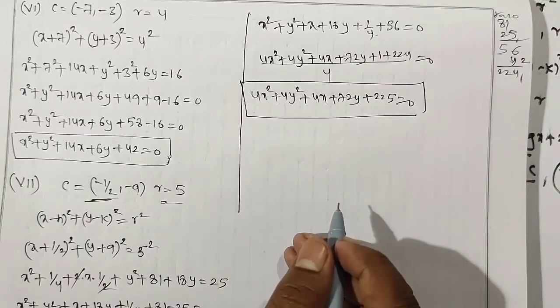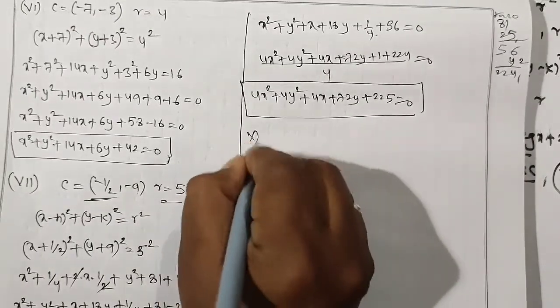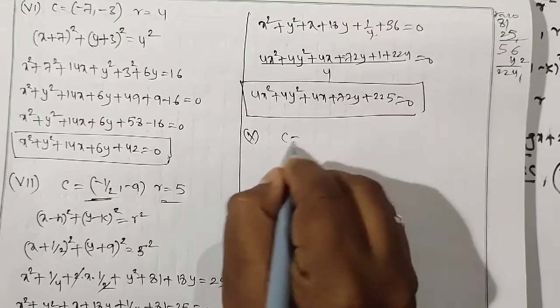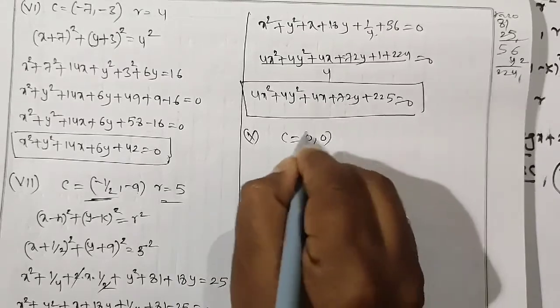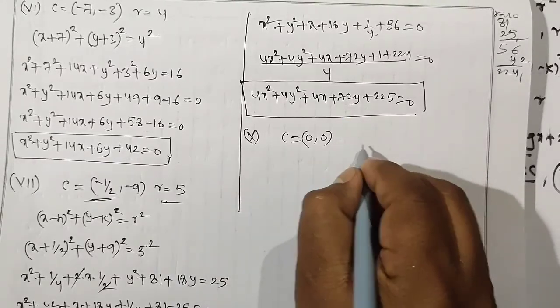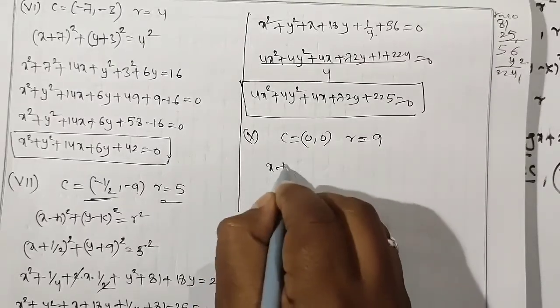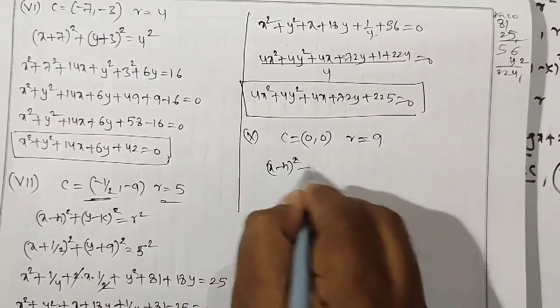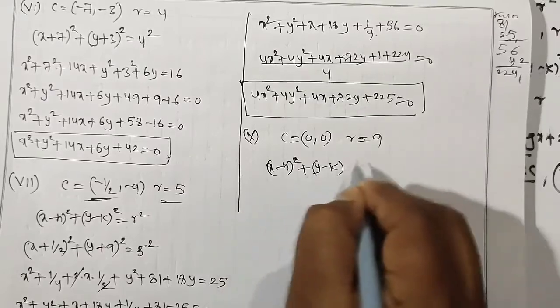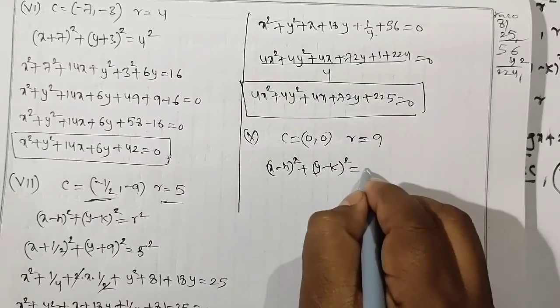Then one more important question, the first bit, the 10th one: c is equal to (0, 0) and the radius is equal to 9. The formula is (x minus h) whole square plus (y minus k) whole square is equal to r square.